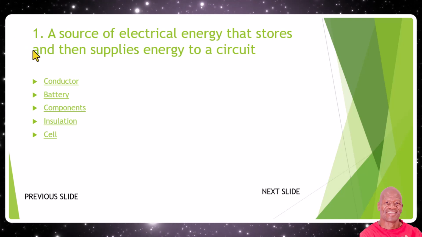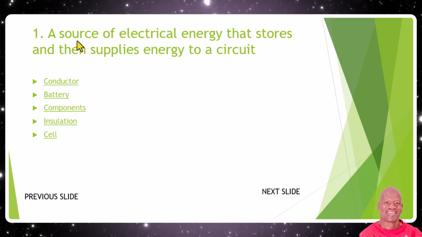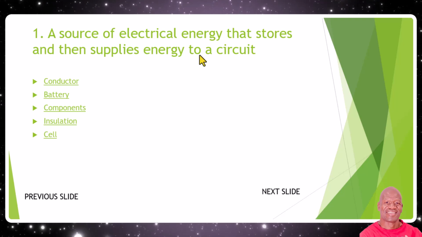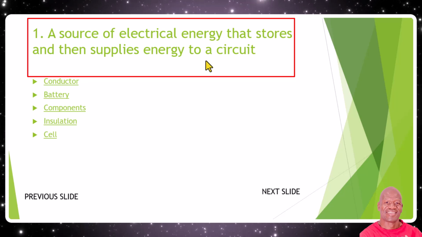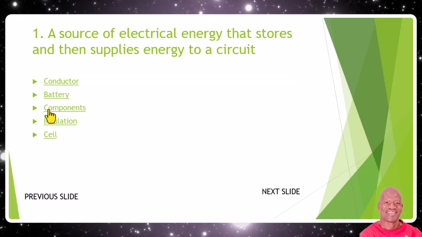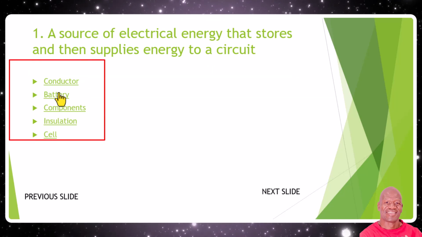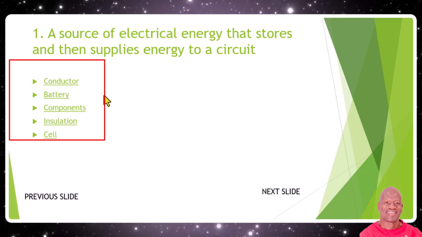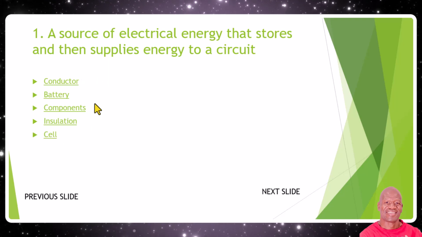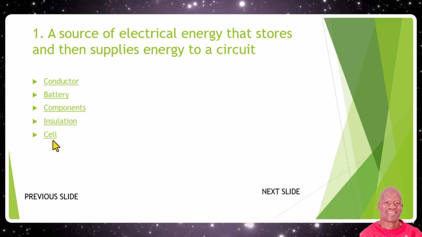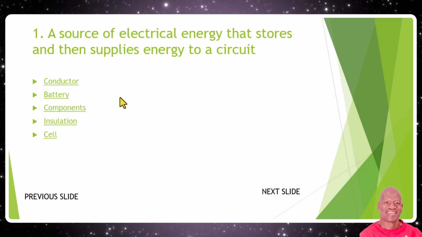This question says: a source of electrical energy that stores and then supplies energy to a circuit. From these five possible answers, only one is correct, so learners are expected to choose the correct answer.